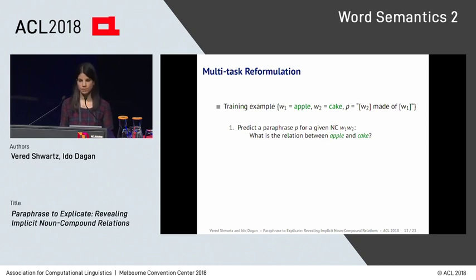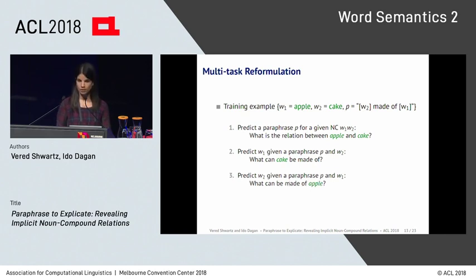So it's essentially answering the question, what's the relation between apple and cake? We also have two helper tasks. The first one is to predict W1 given the paraphrase P and W2, which is like answering the question, what can cake be made of? And similarly, we also try to predict W2 given the paraphrase P and W1, which is like answering what can be made of apples.